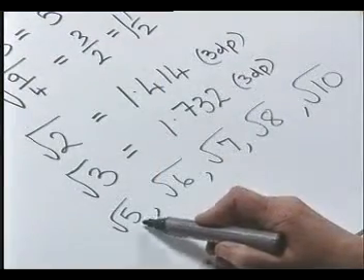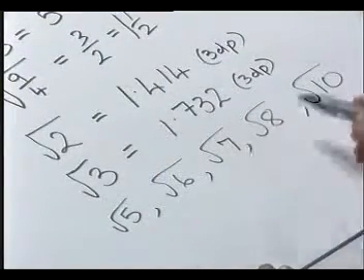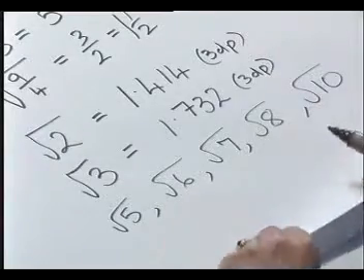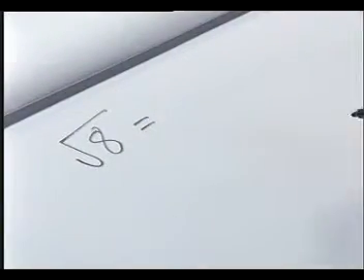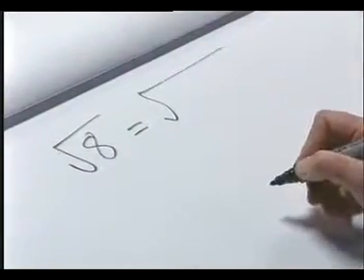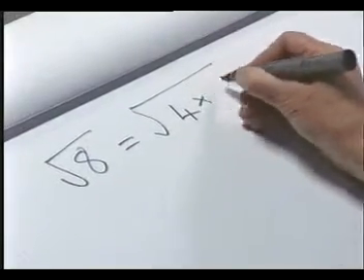Now, root 2 cannot be simplified any further. Neither can root 3 or root 5, root 6, root 7. But look at root 8. If we take the square root of 8, 8 can be replaced by the product 4 times 2.